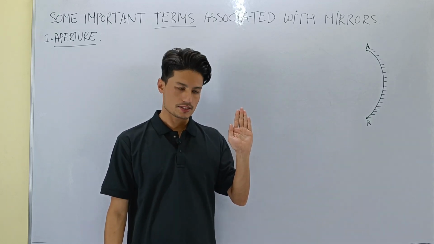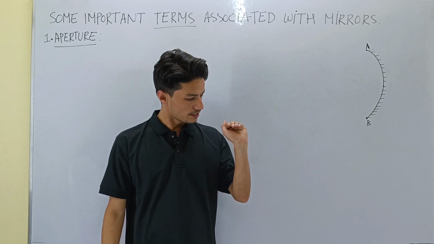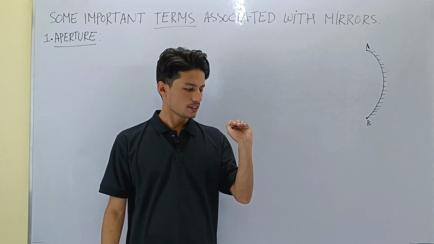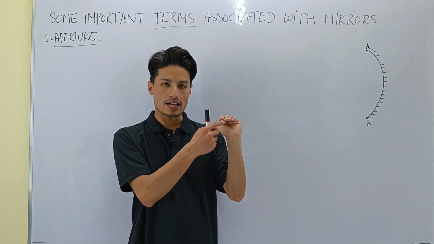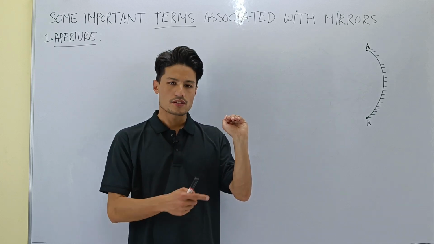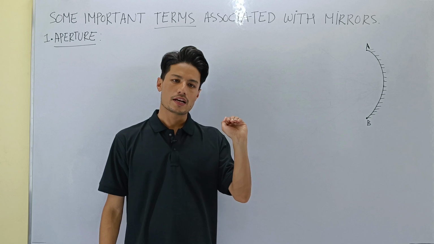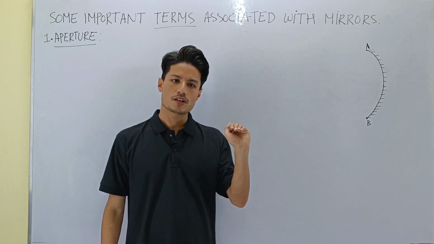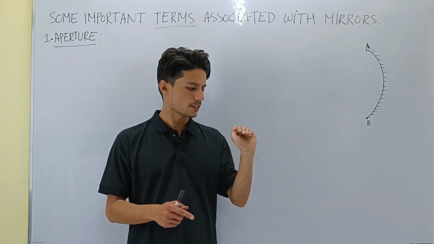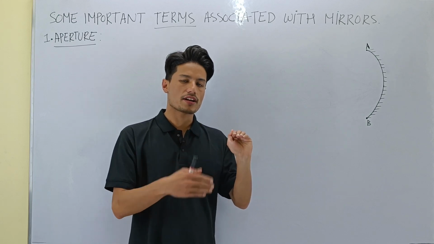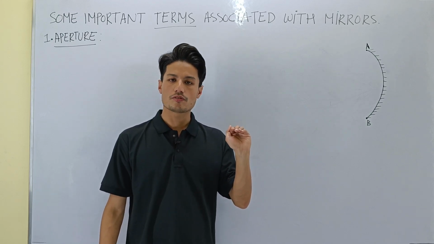But if I curl it like this, some of the surface areas are hidden, so reflection of light will take place from a very small area. So aperture is the part of the spherical mirror from which reflection actually takes place. In simple words, aperture is nothing but the surface area available for reflection of light to take place.